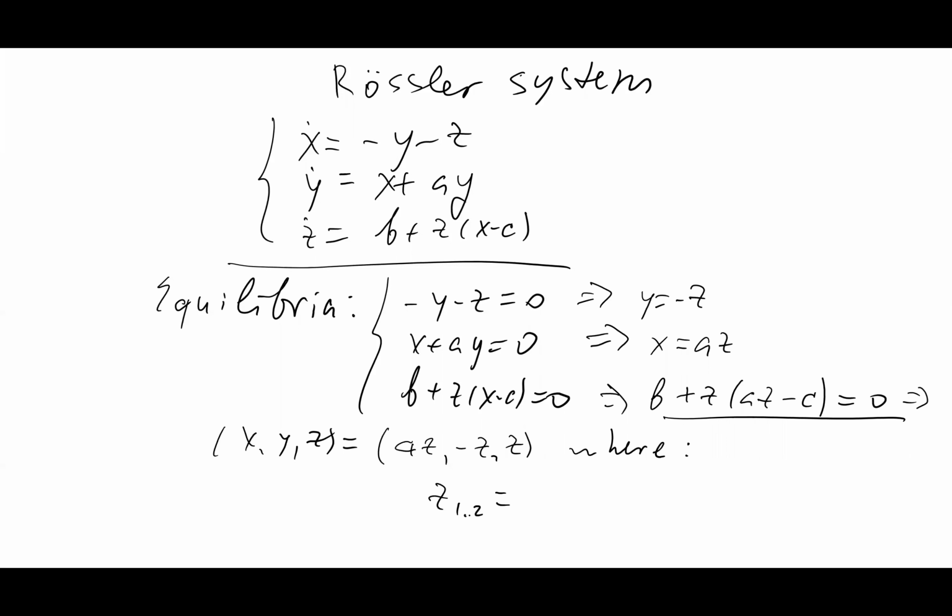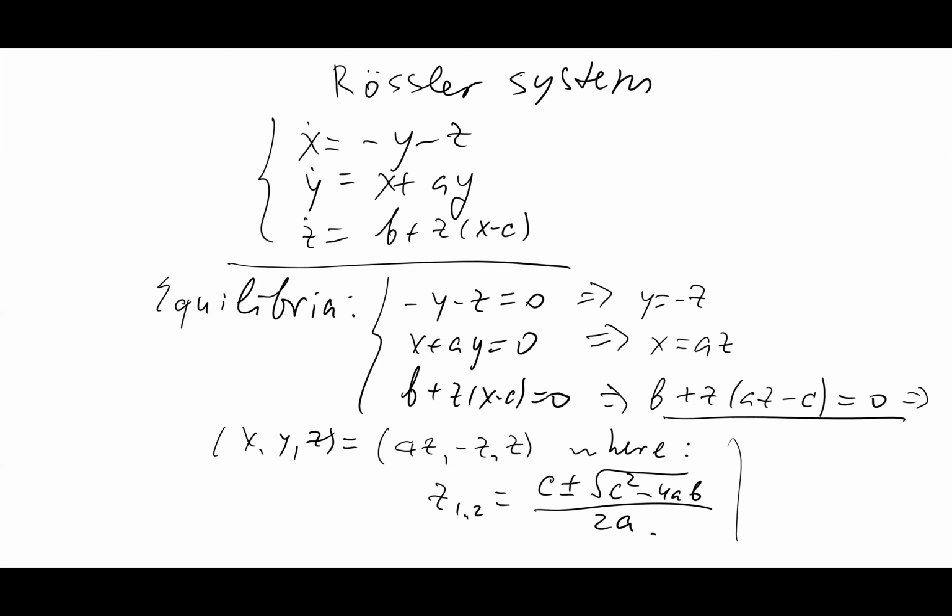z 1, 2 should be equal to c plus minus the square root of c squared minus 4ab, divided by 2a. Yeah, so we can put it like this.